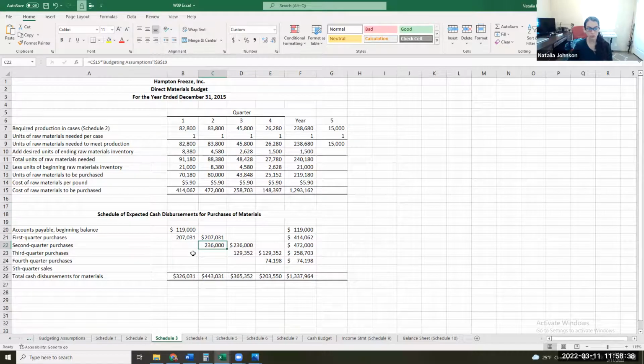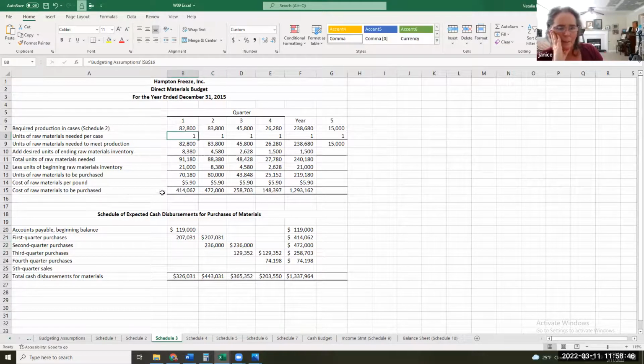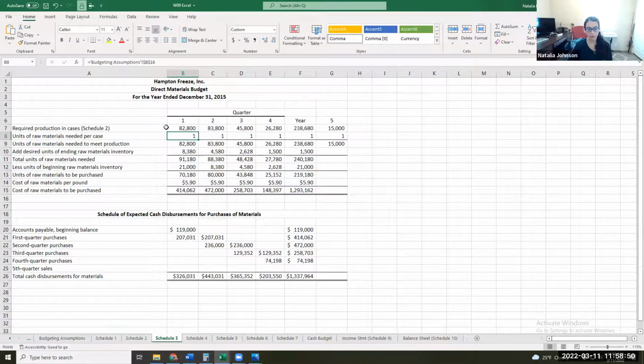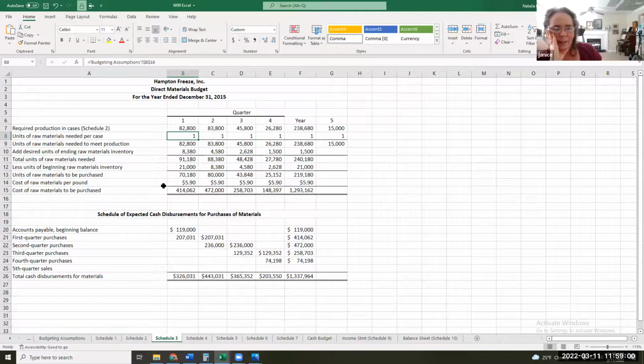There are two that have percentages, accounts receivable and accounts payable. I think it's the one above, the direct materials budget, that I struggle with, where you're adding desired ending raw materials, because that's based on next month's. Like you have blanks, where there's nothing in a spot and you have nothing to multiply it by.